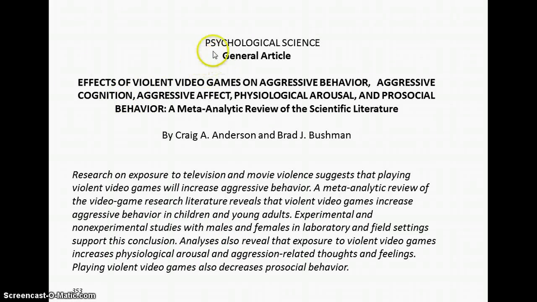Again, this is the title of the journal up here, the title of the journal article, the authors, and typically in a journal article you'll have in italics before the actual text a summary of what the article is about, and this is always a good place to start when we are researching, to look at the summary to see if it's going to be worthwhile for our research.